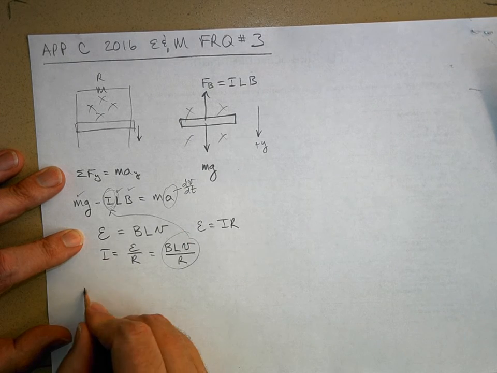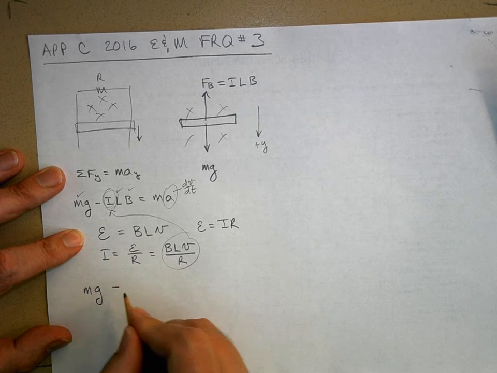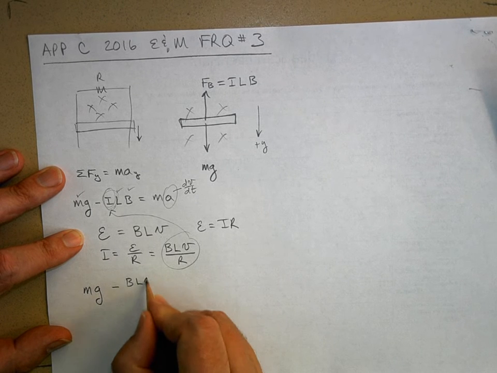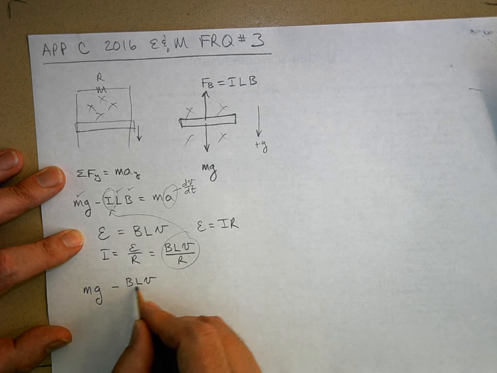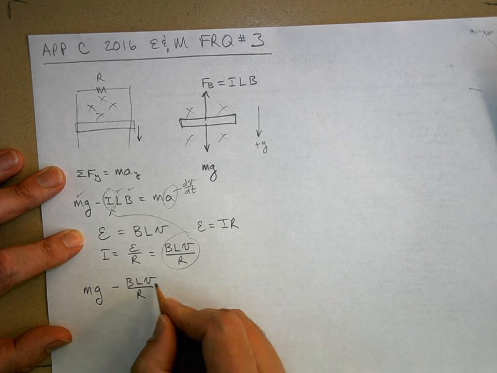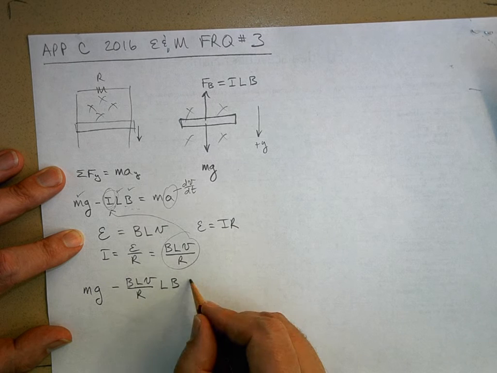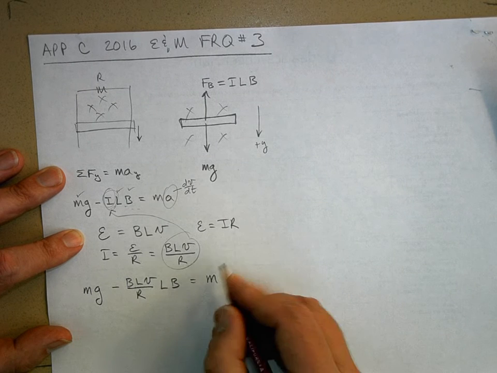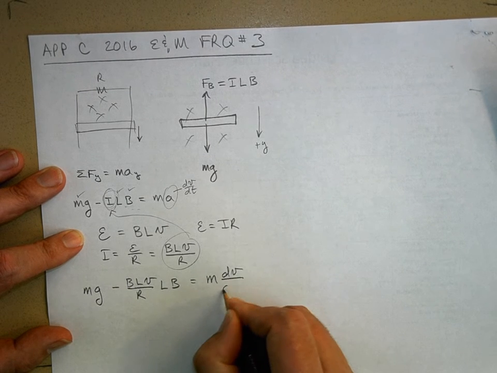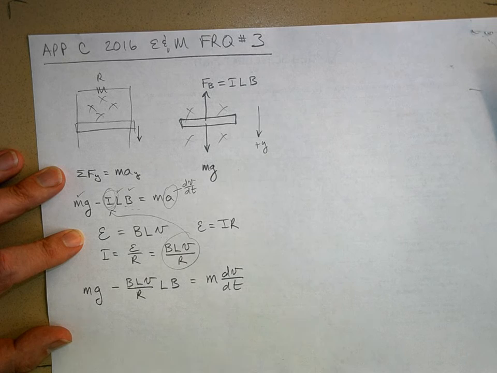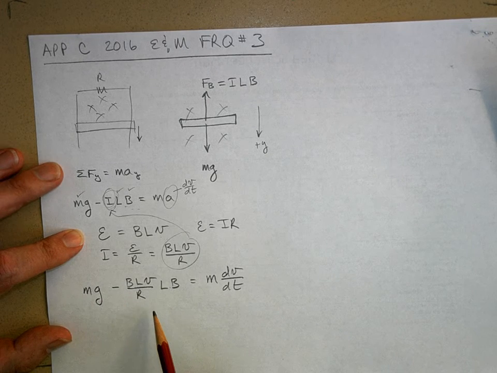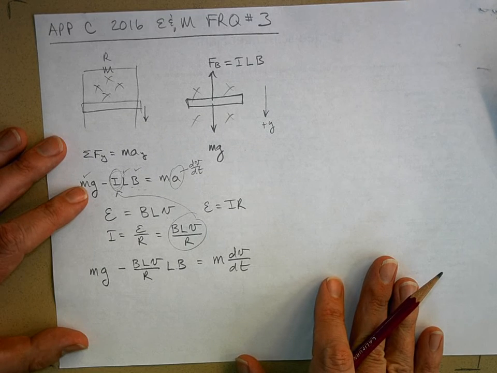And so I get mg minus B L v over R times L times B equals m times dv/dt. And there we go. I'm done. I probably should clean this up a little bit.